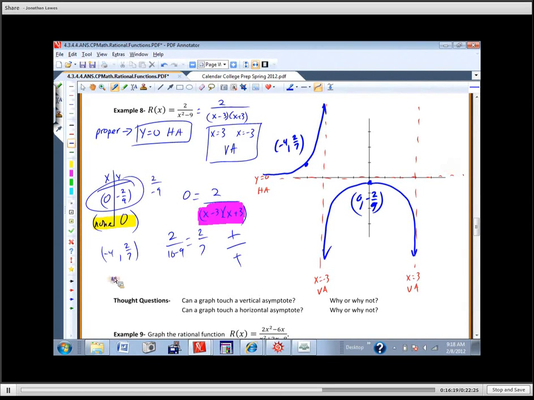So if we plug in a +4, let's see what we get. I'd still have a 2 on the top. This would be 16 minus 9, so it's still going to be 2 over 7. The point is it's going to be a positive on the top and a positive on the bottom. So it's got to be all above. And I can label that point as 4, 2/7.